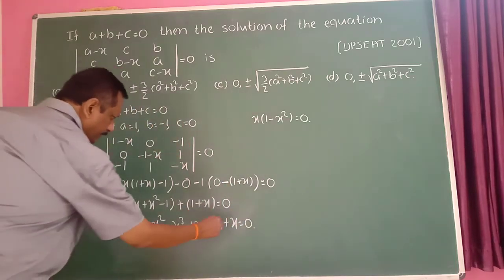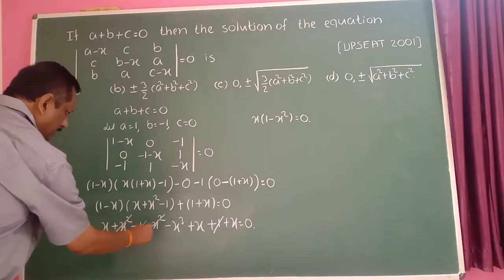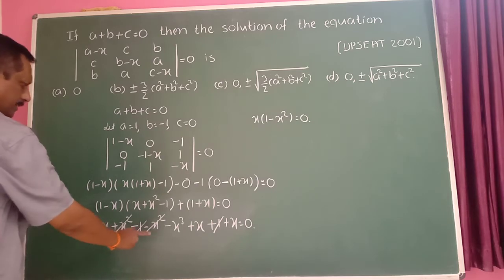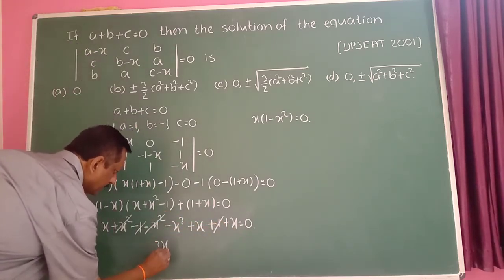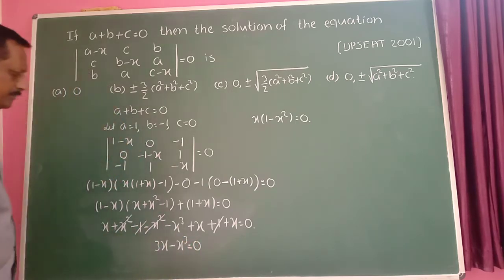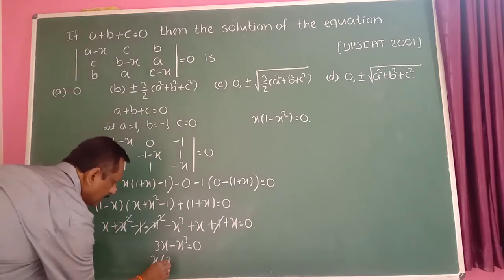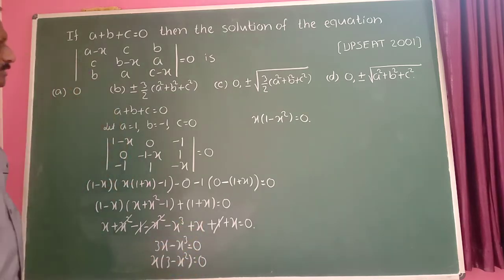Minus 1 and plus 1 cancel, plus x squared minus x squared cancels, therefore x plus x plus x becomes 3x, minus x cubed is equal to 0. Here x is a common factor, hence 3 minus x squared is equal to 0.